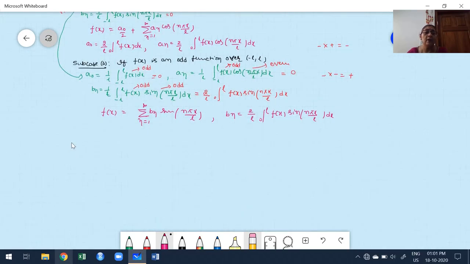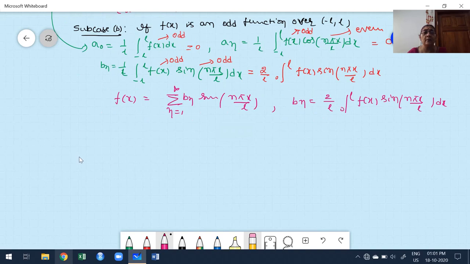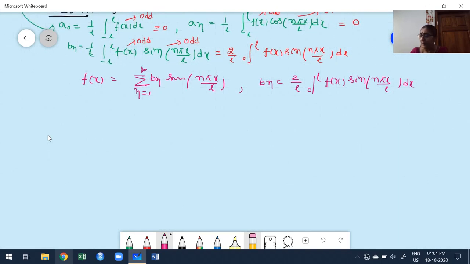For example, I am going to take one example here. f of x is x square over the interval 0 to 3. Oh, x square is an even function, so I go for it: I only have to find a naught and an, no need to find bn.